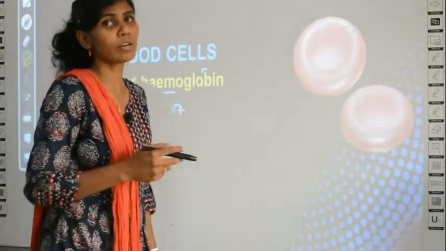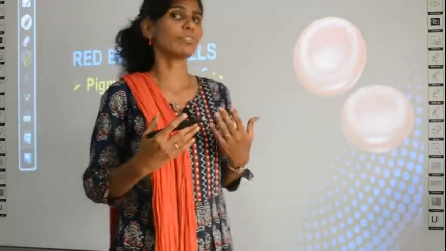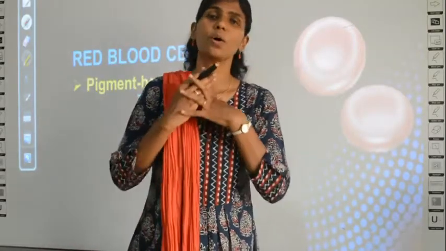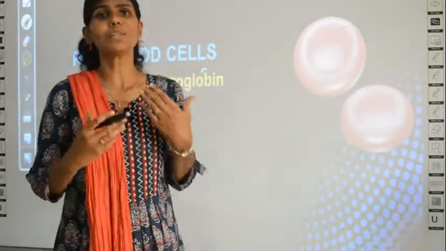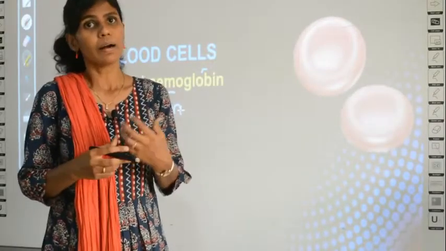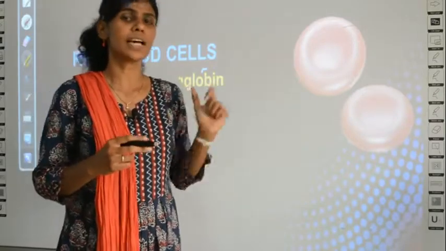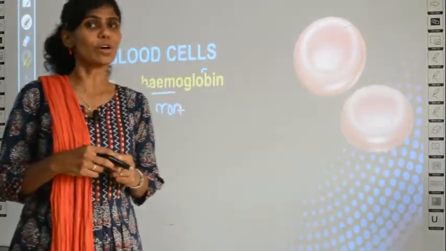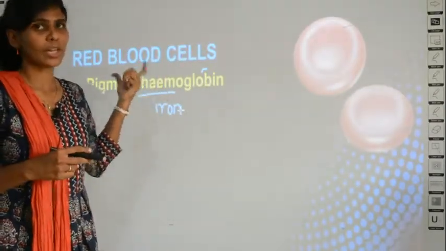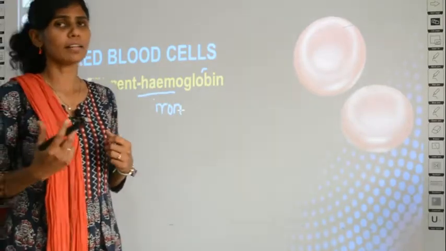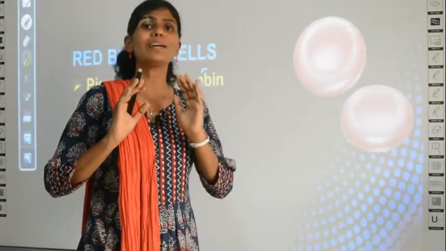Usually what is the color of other cells? Other cells of your body, white blood cells or even bacterial cells, or whatever cells you know on this earth, do not have a specialized red color. Only this has red color because of the presence of the pigment hemoglobin. Other cells are usually colorless.